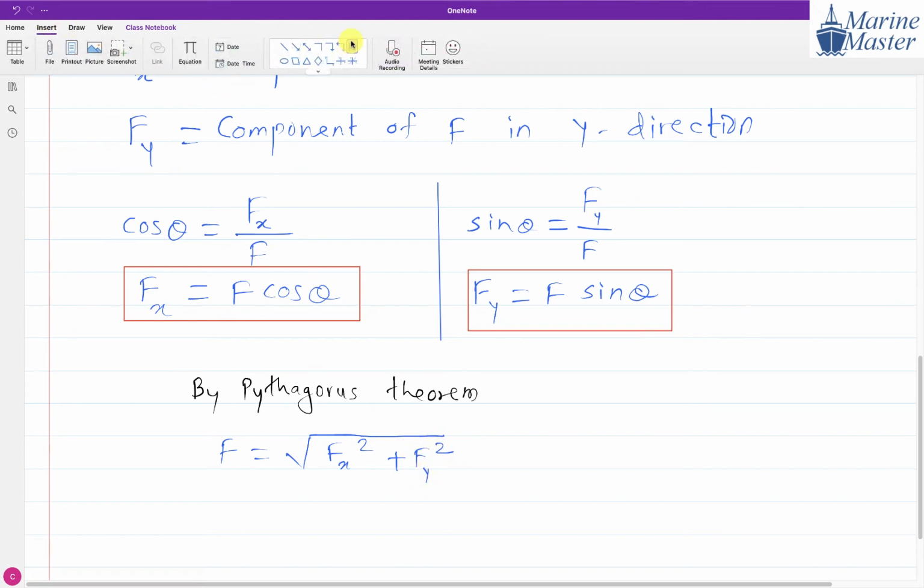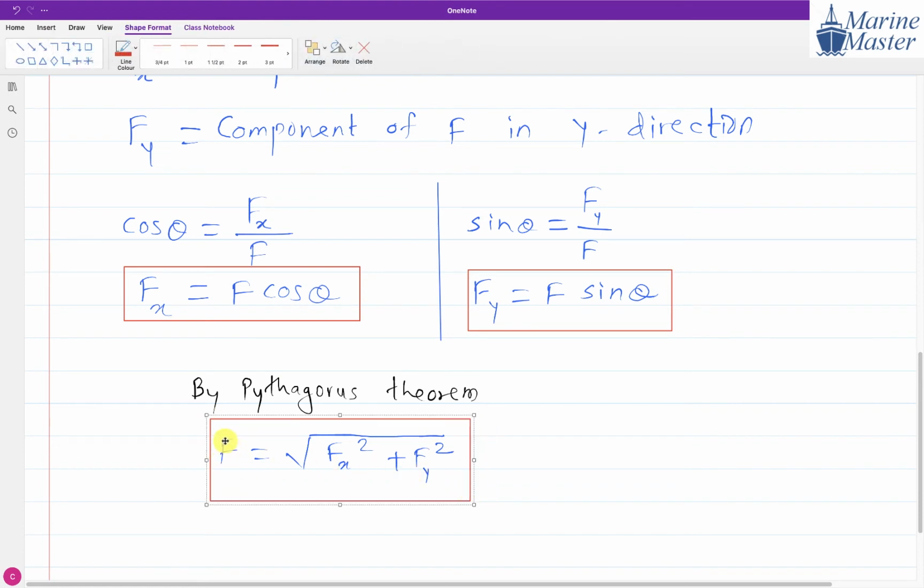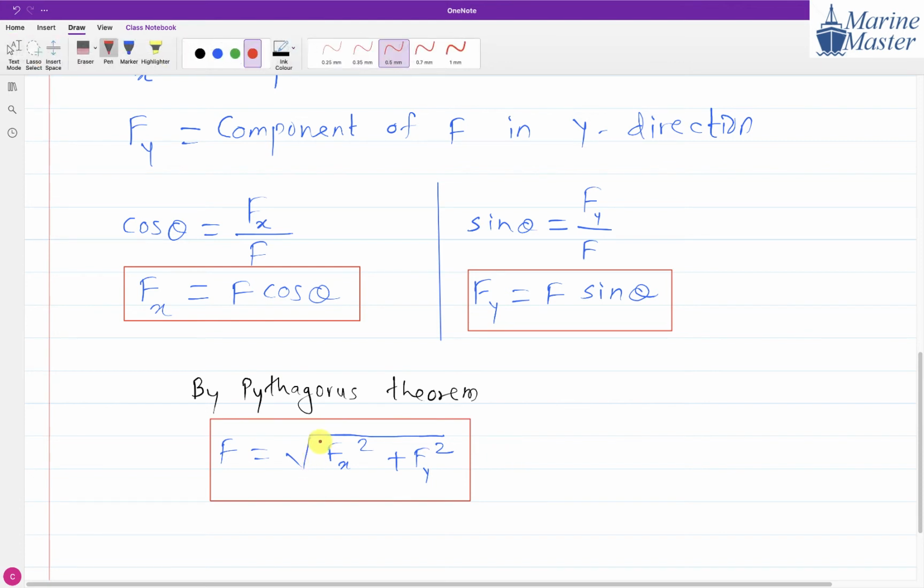Suppose we have components, from components how to get the force F? From F we get components Fx and Fy, but sometimes we do the reverse. We get components and from components we get the force. We have Fx, we have Fy, and under root of Fx square plus Fy square we will get F.